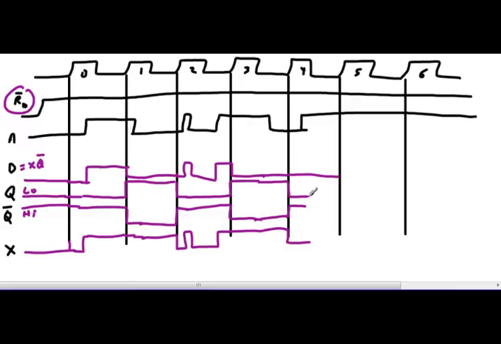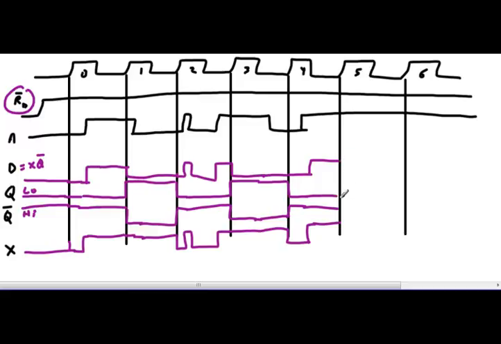When A goes high, X goes high. When X goes high, D goes high. So D is now high when the clock pulse happens. All right, clock pulse happens.